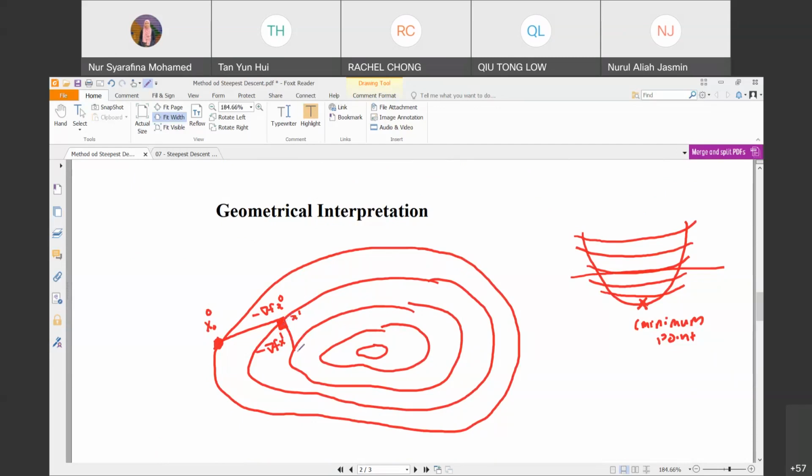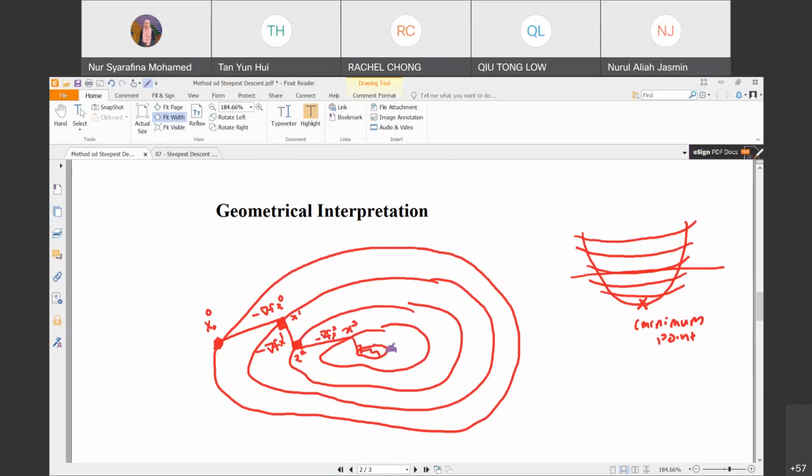Then it moves from x1 to x2, again to x3, and here is the negative direction of del f(x2). Again, it is orthogonal until you reach the solution point.